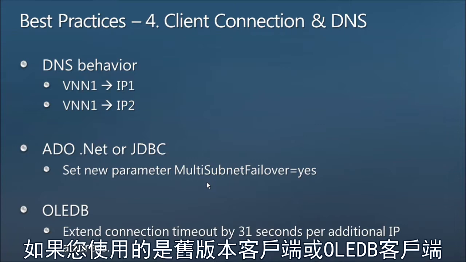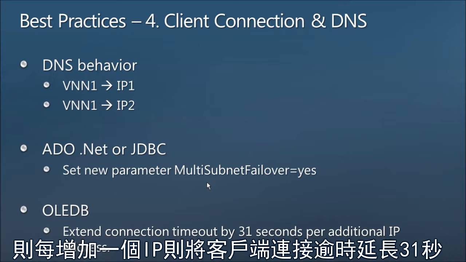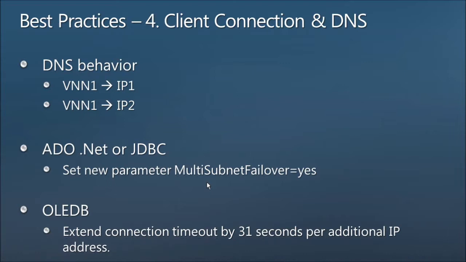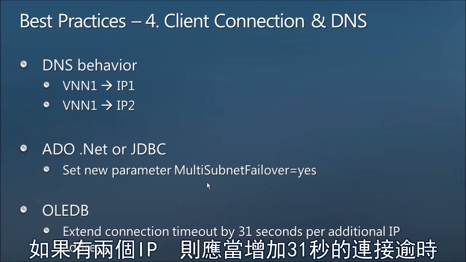If you are using old clients or OLEDB clients, you should extend the client connection timeout by 31 seconds per additional IP. So if you have two IPs, then you should add 31 seconds for the connection timeout.